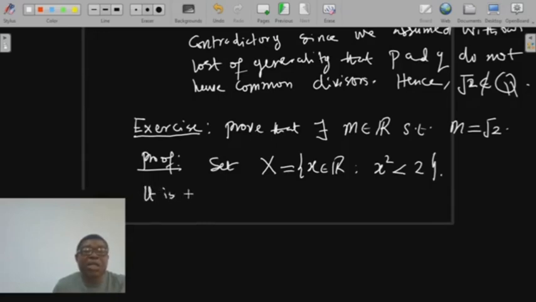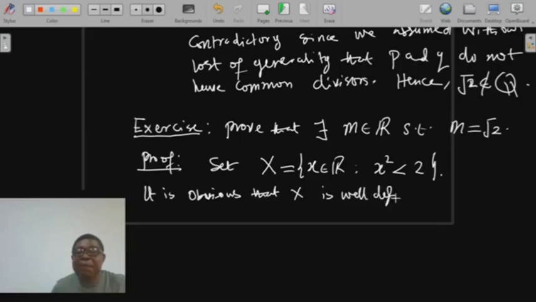It is obvious that X is well defined since numbers like 0 and 1 belong to X. The reason is clear: 0 squared is 0, which is really less than 2, and 1 squared is 1, which is really less than 2.